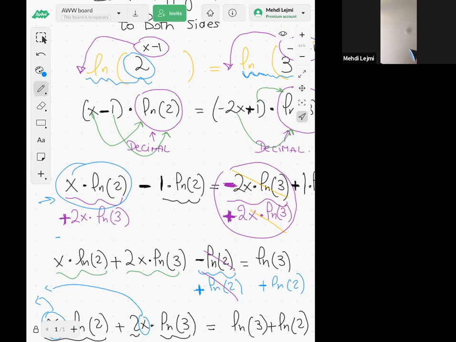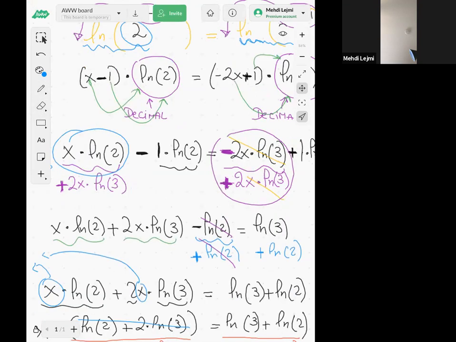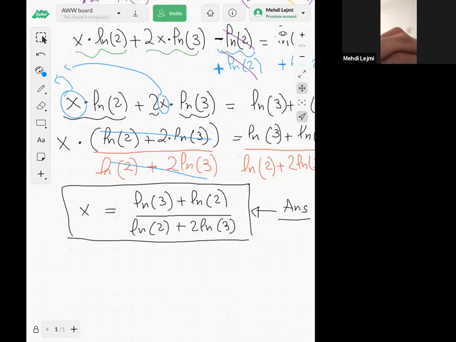But of course you should get the same answer, right? It doesn't matter how you solve this equation, but you should get this answer. If you don't get exactly this answer, then I think you made a mistake somewhere. But it's fine. If it's minus or plus, it doesn't matter for me when I grade.